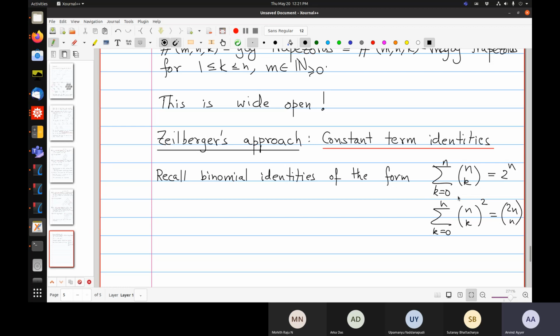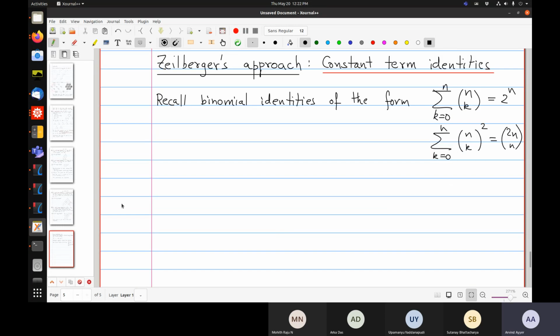Literally, it's not a joke anymore to say that a computer can prove this identity, by which I don't mean prove it for n equals 1, 2, 3, but prove it as an identity. And this is a subject. But just like that, there is this subject of constant term identities, which is less developed.